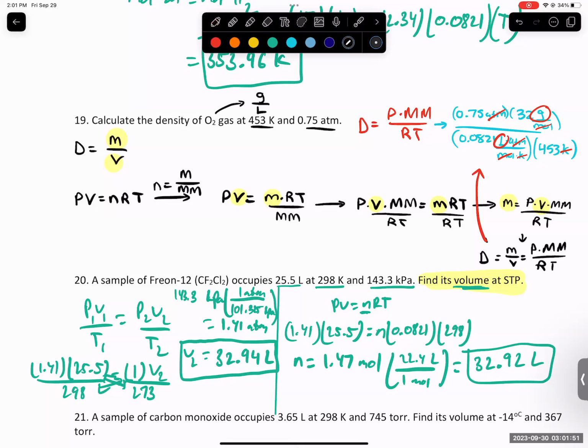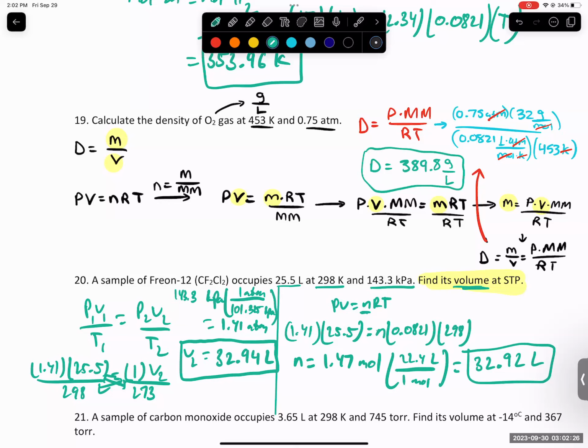What is the density of the oxygen at this temperature? 389.76... 389.77... about 0.8 grams per liter.